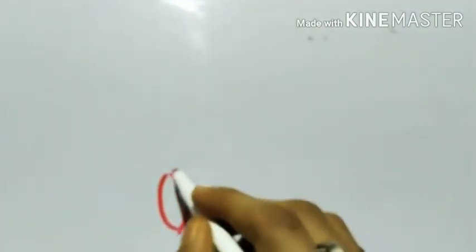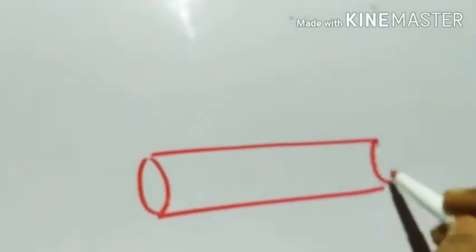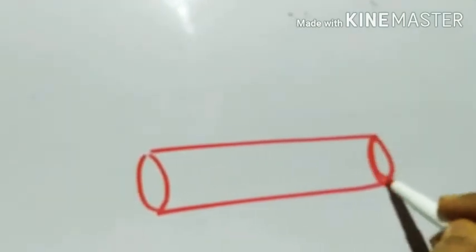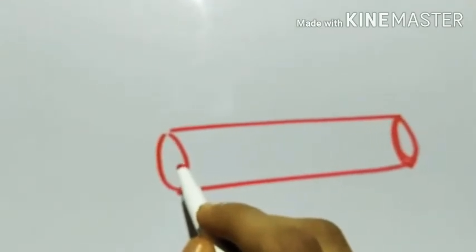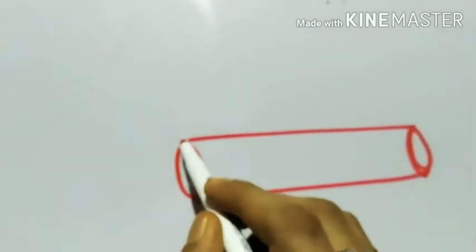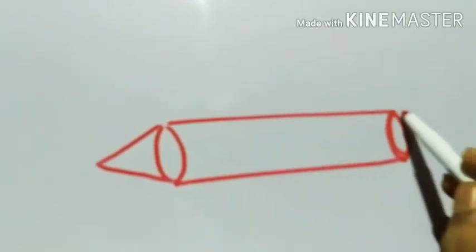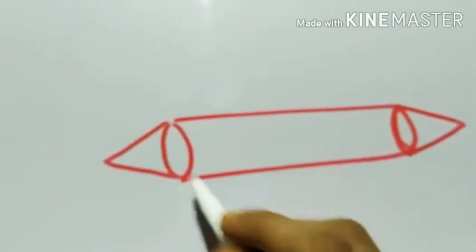So first of all, Rachel, an engineering student, was asked to make a model shaped like a cylinder with two cones attached at its two ends.